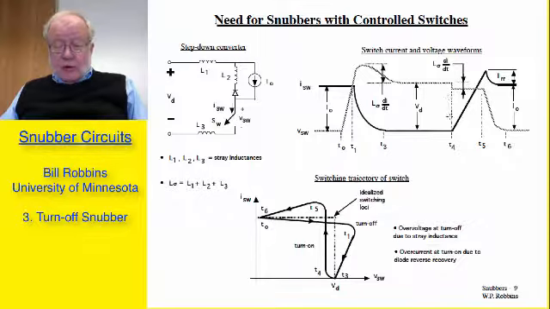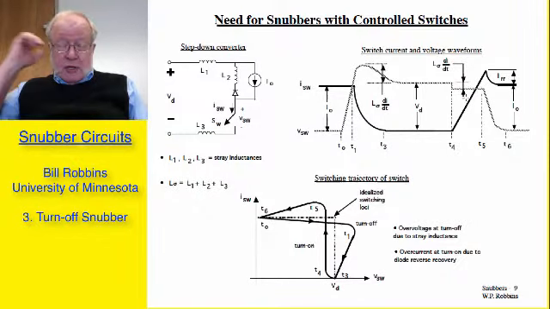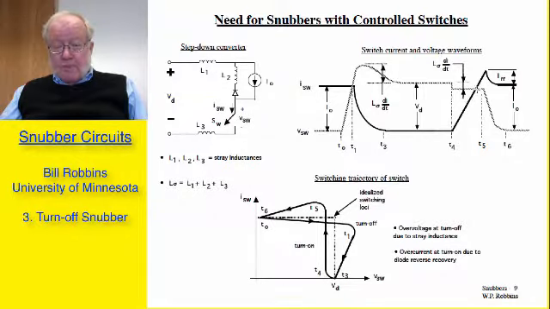And then when we turn the switch on again, the voltage across the switch immediately decreases by L di/dt, and that is going to be useful because it causes the power dissipation during turn on to be reduced. However, we have an overcurrent because of the reverse recovery of the diode.